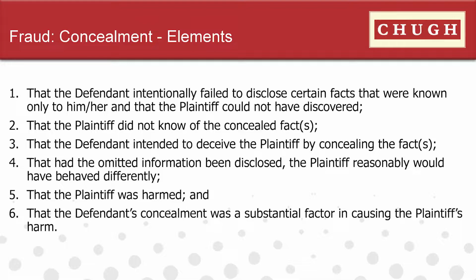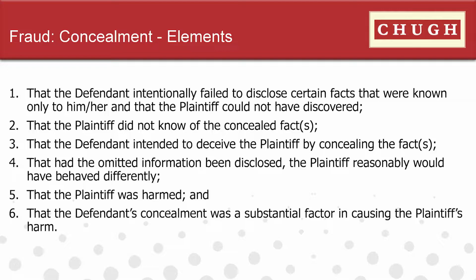We see this happen very often in real estate cases where, let's assume the plaintiff is the buyer of a property, and the plaintiff will try to do an inspection before they purchase the property. And during the inspection, their inspector maybe misses something.